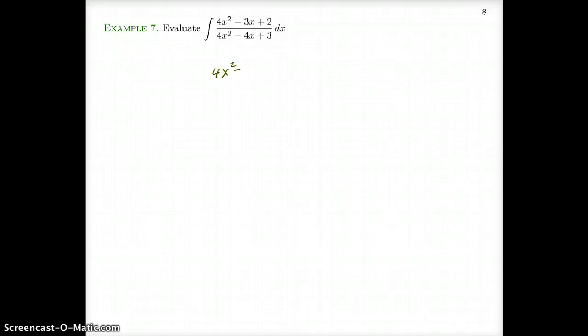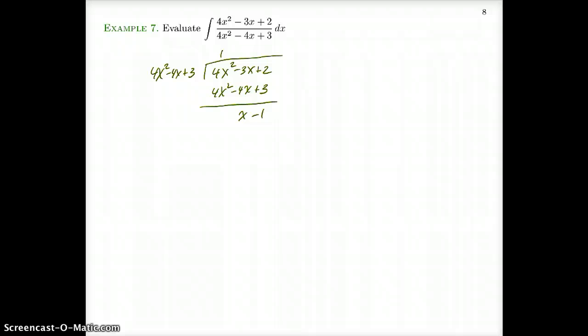So if I take 4x squared minus 3x plus 2 and divide by 4x squared minus 4x plus 3, I'm going to get 1, times 4x squared minus 4x plus 3, and when I subtract, I'm going to get x minus 1. And that's it, right? So this is going to be 1 plus x minus 1 over 4x squared minus 4x plus 3 dx.